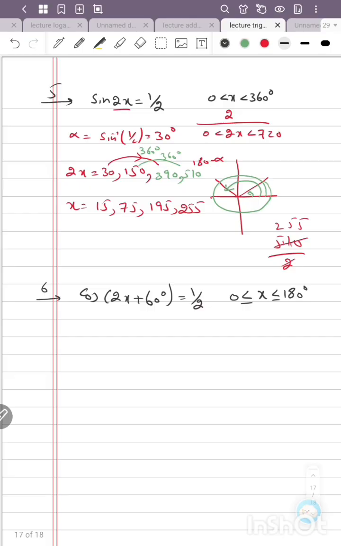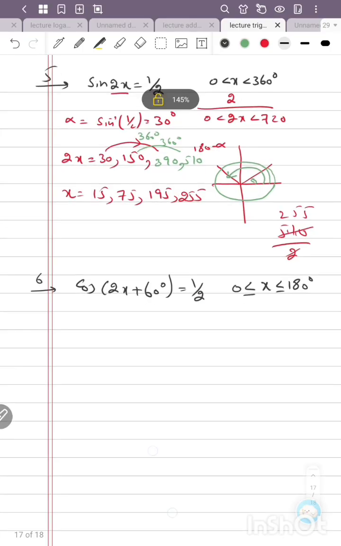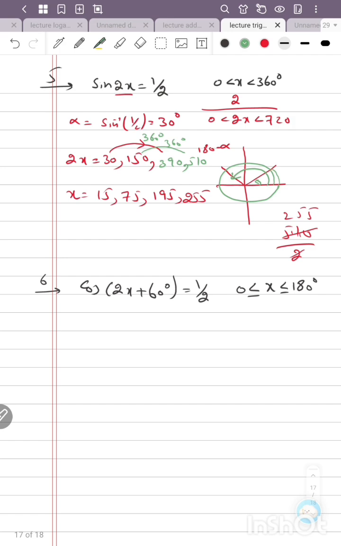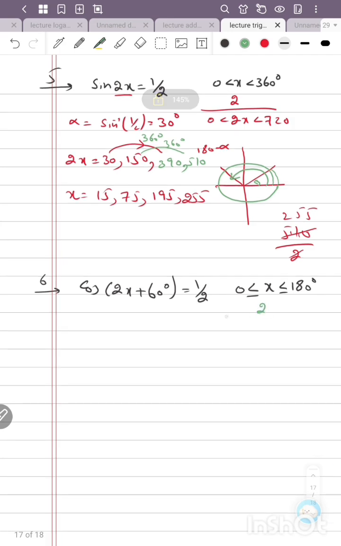First of all, we have to note the interval. Here if we multiply by 2, we get 0 less than or equal to 2x less than or equal to 360, because we have to convert it into 2x.